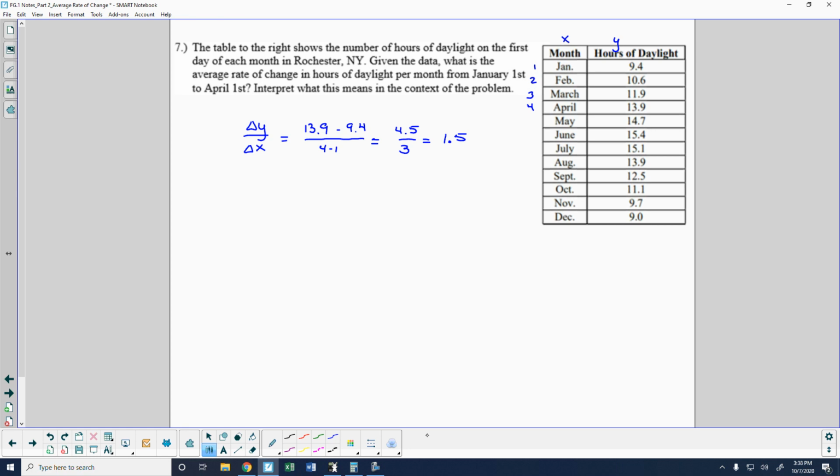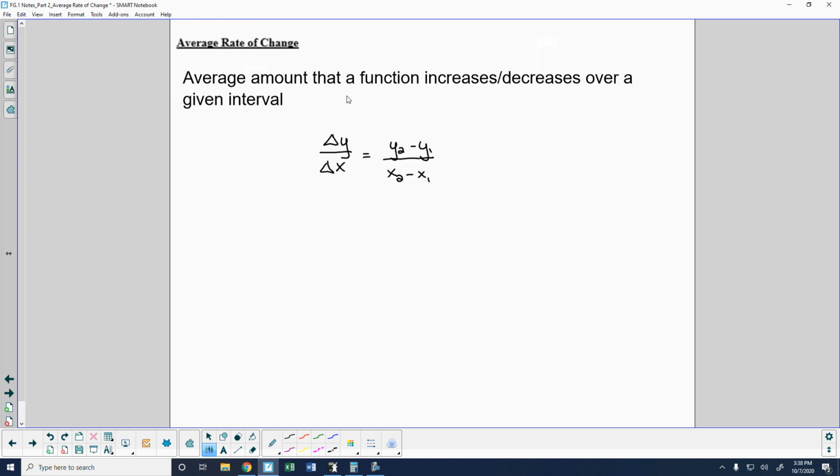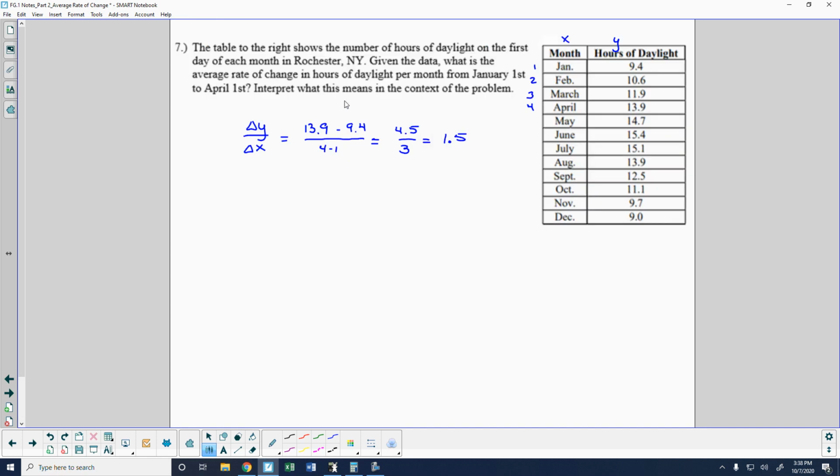Well, what does this mean in context? Remember the definition of average rate of change: the average amount that a function increases or decreases over a given interval. So if we wanted a full explanation, we could write it out to put this into context.